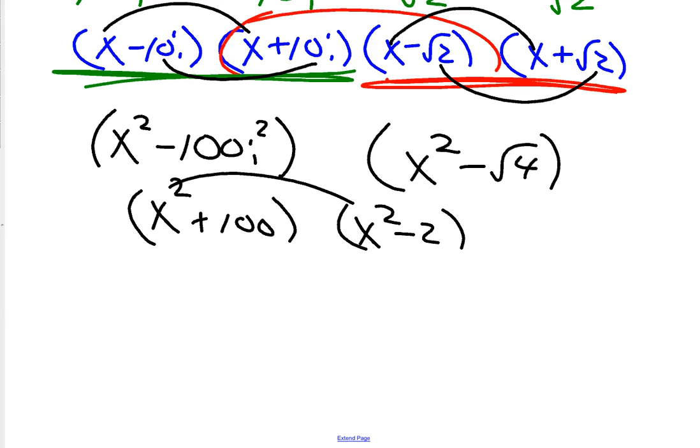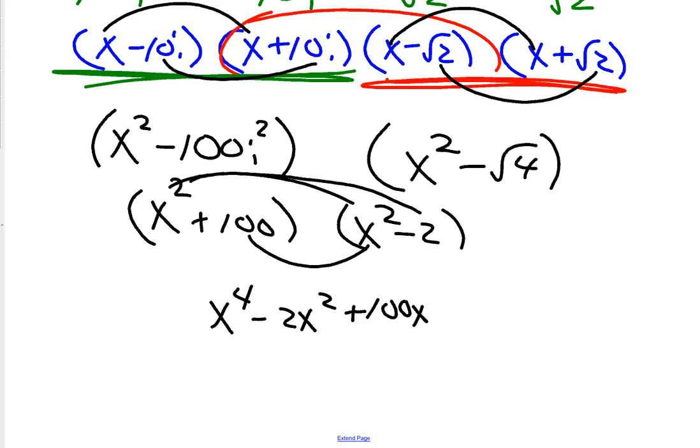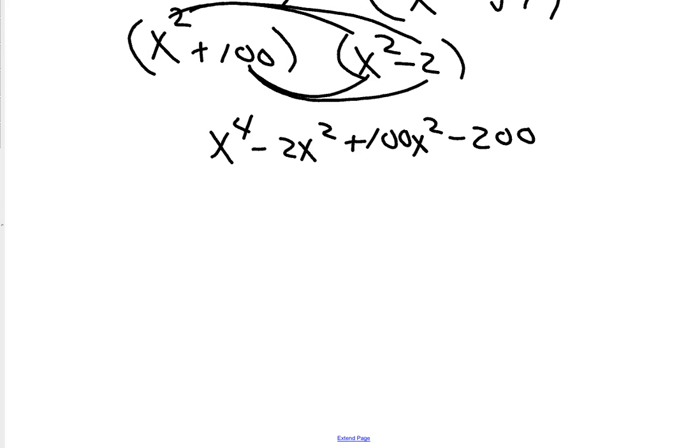X squared times x squared is x to the 4th. X squared times negative 2, negative 2x squared. 100 times x squared, the 100x squared. And 100 times negative 2 is negative 200. Wouldn't leave it like that, why not?